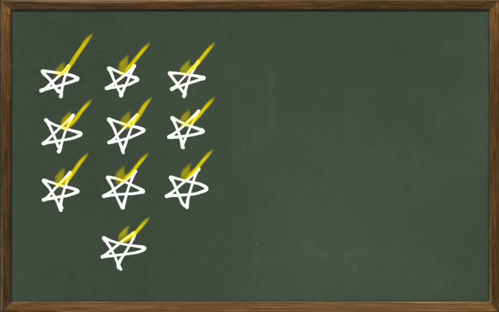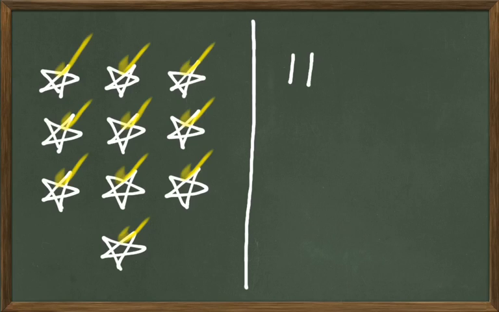All right. And now what I want to do is let's write the figures for the numbers that we just counted, 11 through 20. We can do that right over here on the right side of our board. So 11 is going to look like this. Here's 11.